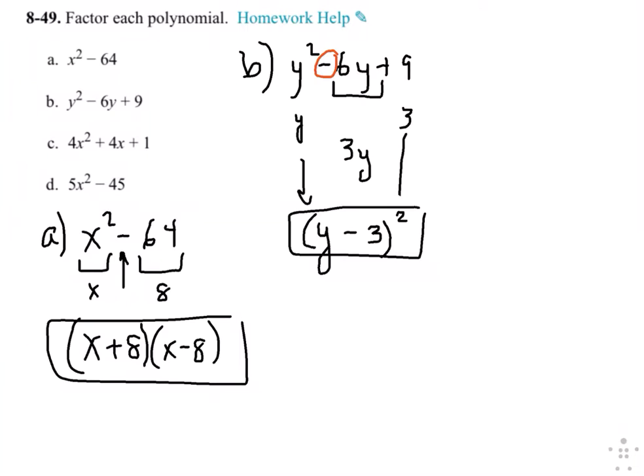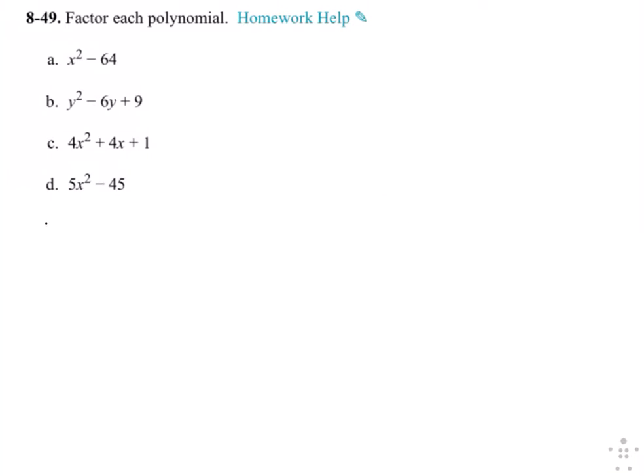Okay, let's go on. Let's make some space. So c is 4x squared plus 4x plus 1. Again, I'm only looking for special cases because it saves time. If you didn't and you just went and factored this normally, you'll get the right answer. But knowing the special cases saves time. So let's do a quick check. This is a perfect square, 2x.